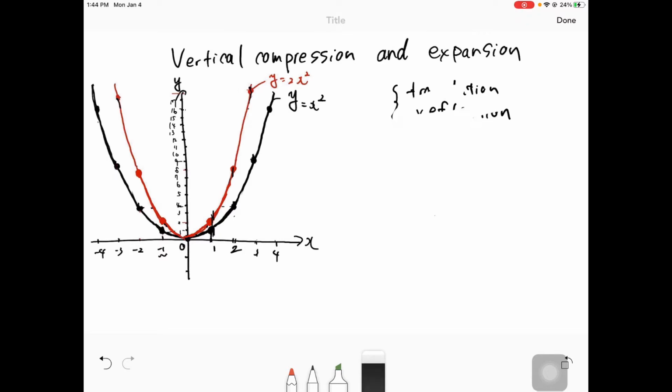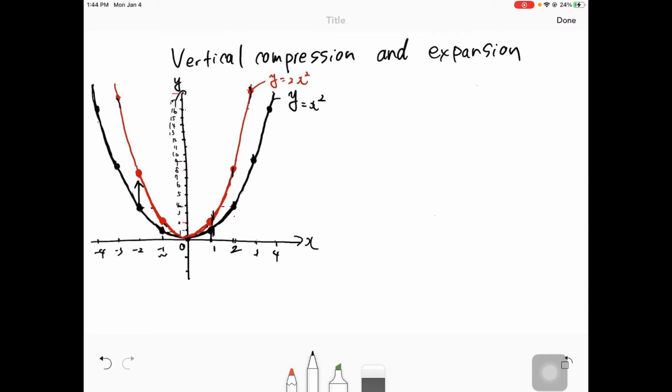So let's get started. To understand compression and expansion more easily, I sketched two different graphs, y equals x squared and y equals 2x squared. What's the difference between these two? From the appearance, if you pull up the graph of y equals x squared, you can make the graph of y equals 2x squared.